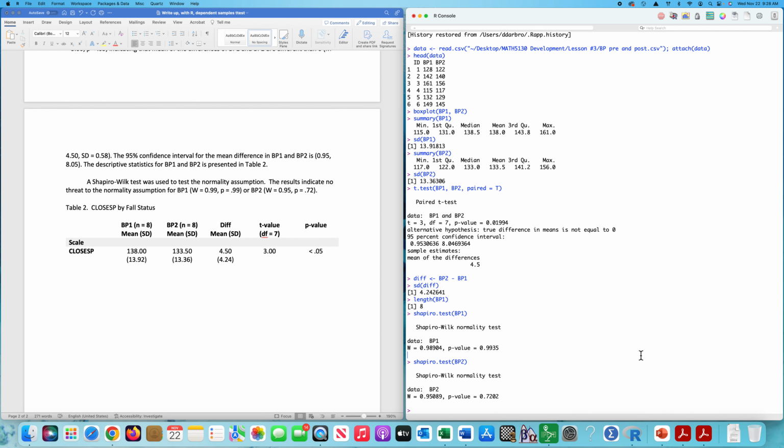That the sample data appear to come from a distribution that is normally distributed. We do not reject that statement because our p-values are greater than 0.05. So we can assume this sample data came from a distribution that is normally distributed.